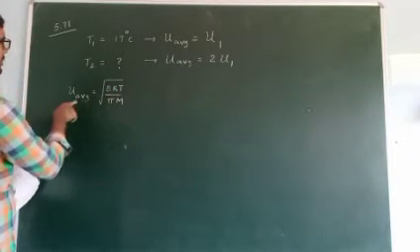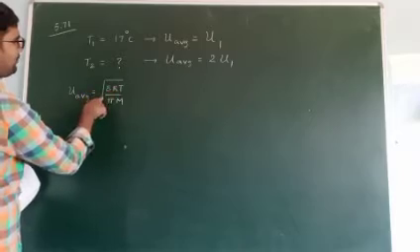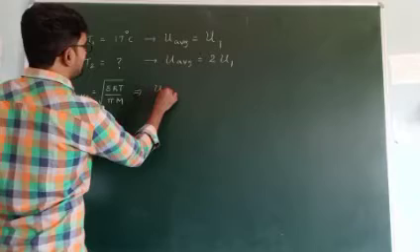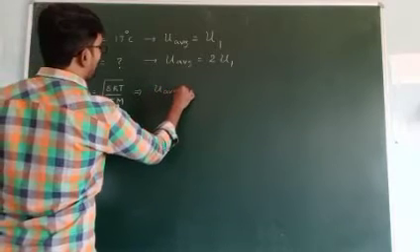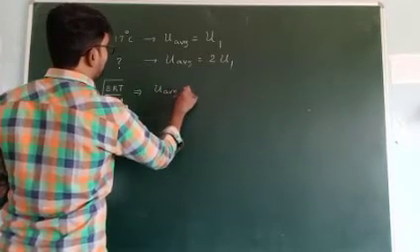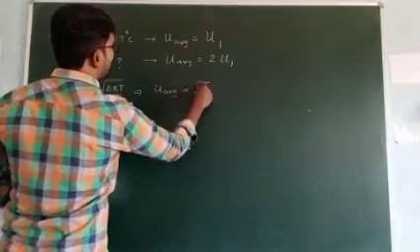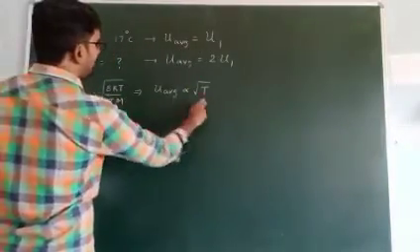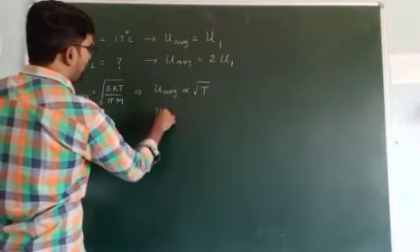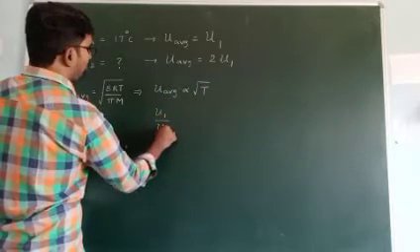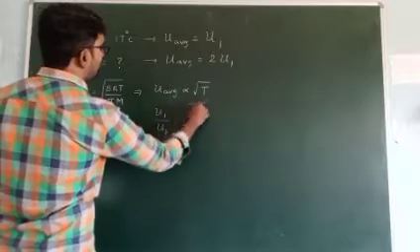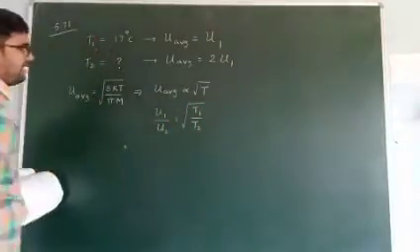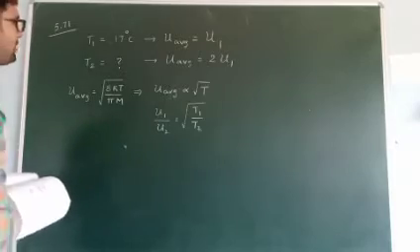From this we know that U average is directly proportional to the square root of T. So for any two conditions, we can write U1 by U2 equal to root over T1 by T2.